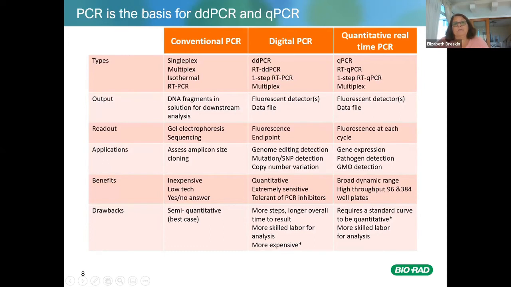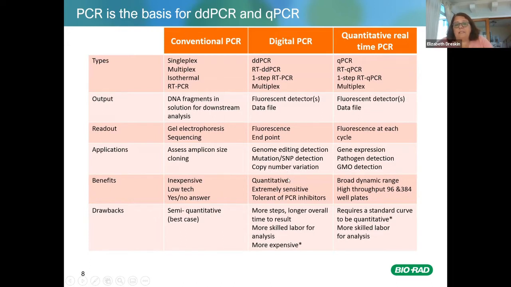So in this table, we've got a lot of information. I just want to point out some of the benefits and drawbacks to conventional PCR, digital PCR, and quantitative real-time PCR. So conventional PCR is relatively inexpensive, it's low tech, and you get a yes or no answer.